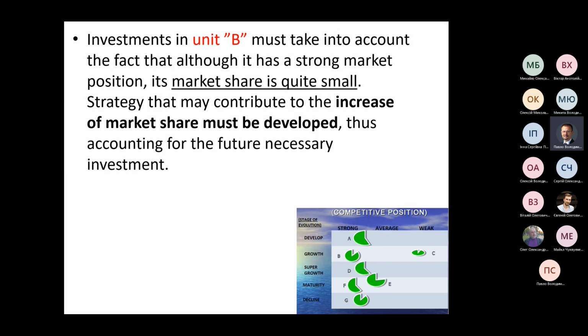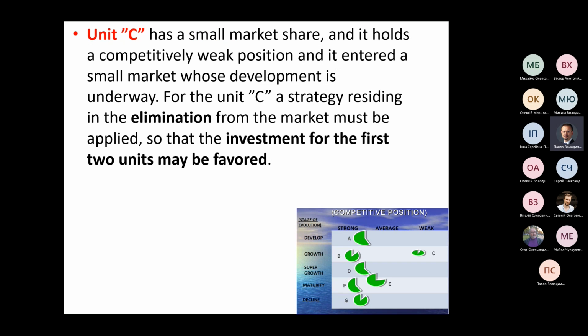So, speaking about B, it is definitely the star. Then, speaking about C, it is like a question mark, because we know that the position is weak, but the market is growing. So actually, if it is possible, we have to increase the competitive position of our strategical business unit.